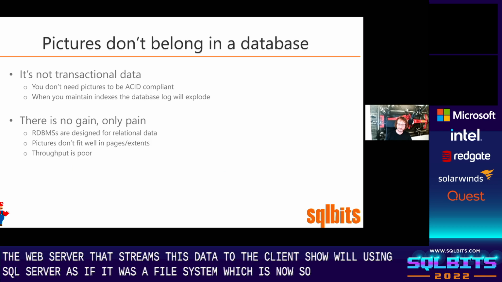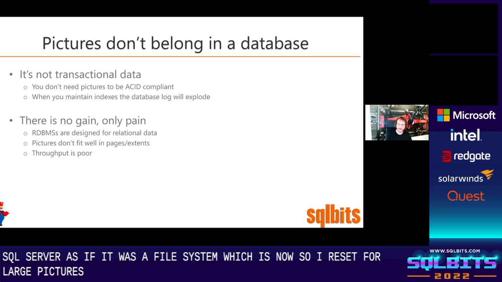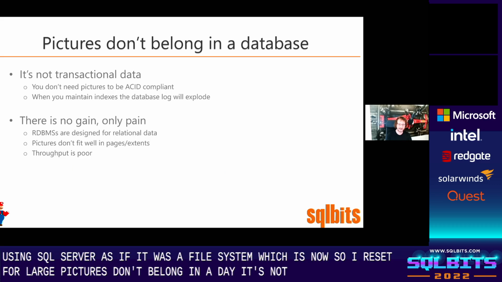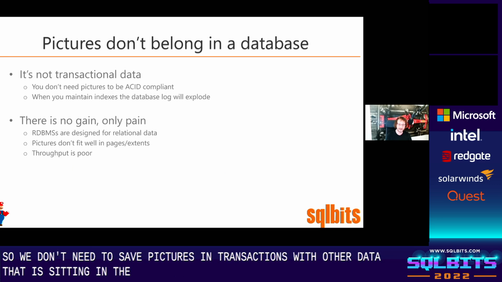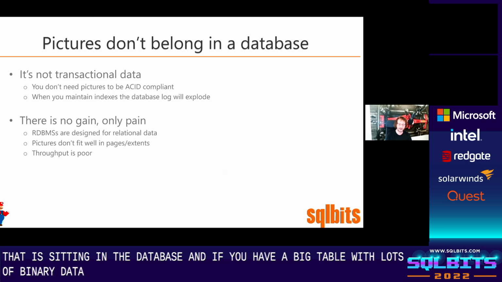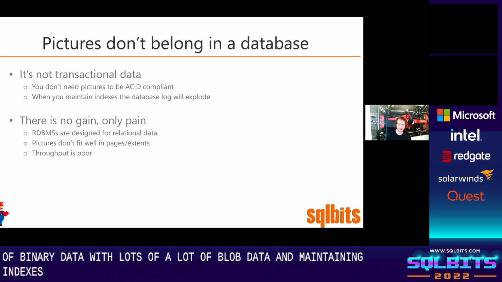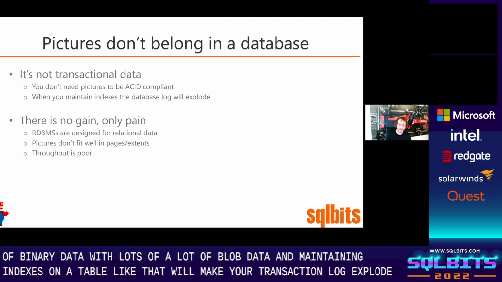So as we said for logs, pictures don't belong in a database. It's not transactional data, so we don't need to save pictures in transactions with other data that is sitting in the database. And if you have a big table with lots of binary data, with lots of LOB data, maintaining indexes on a table like that will make your transaction log explode. And again, same for logs.